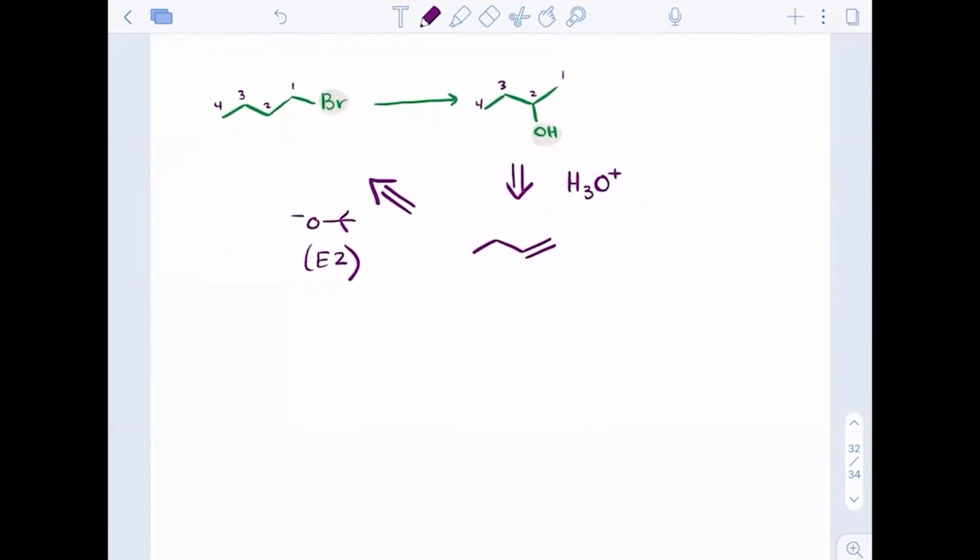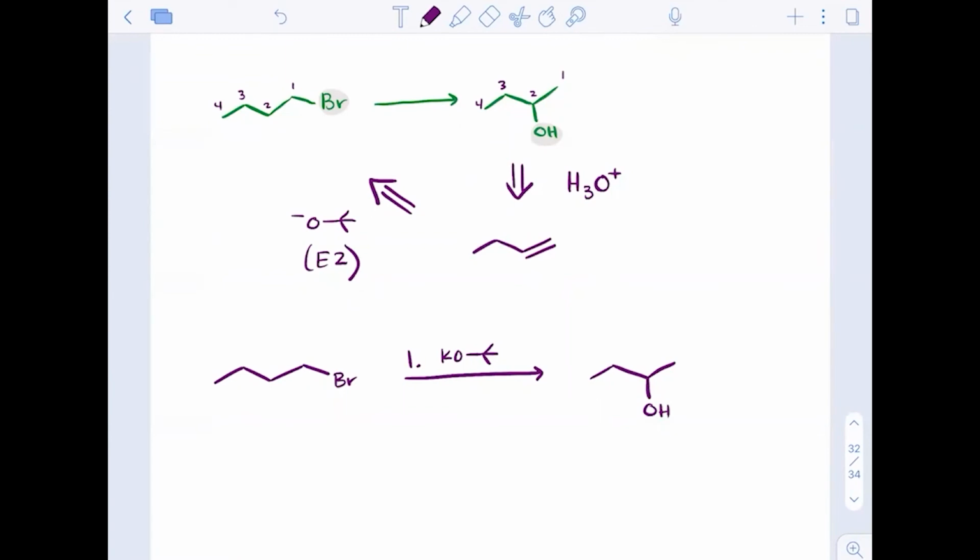Now to go forward, how do I actually take this primary alkyl halide and transform it to that secondary alcohol? Step number 1, let's throw in a big bulky base. You can use H minus, right? Hydride is a great E2 reagent. You could use DBN, DBU, anything that was valid to make E2 the major product here.